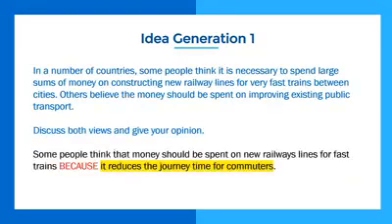So for this one, the first one, let's have a look here. The first side. Some people think that money should be spent on new railway lines for fast trains because it reduces the journey time for commuters.